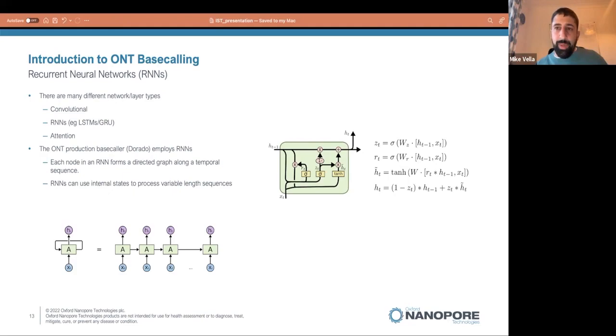Why don't they use attention? Why don't they use transformers? We have invested quite a lot of effort into investigating such techniques, and we've consistently found that for our purpose, RNNs outperform other layer types.